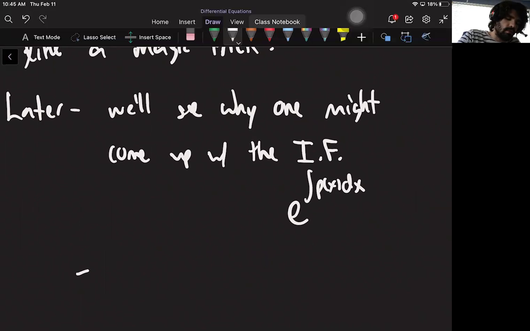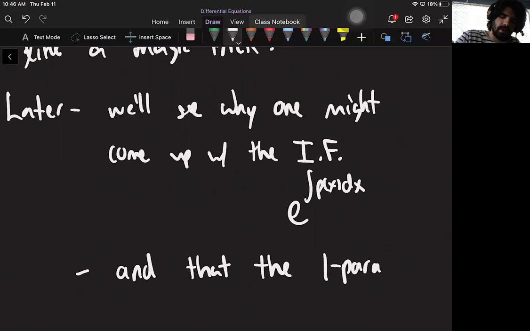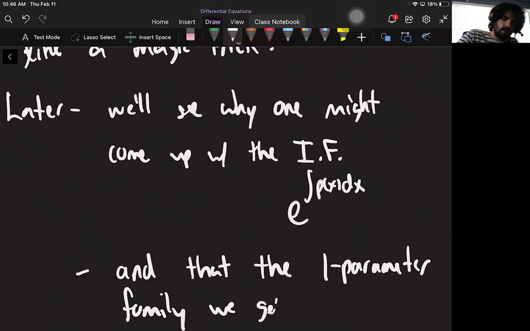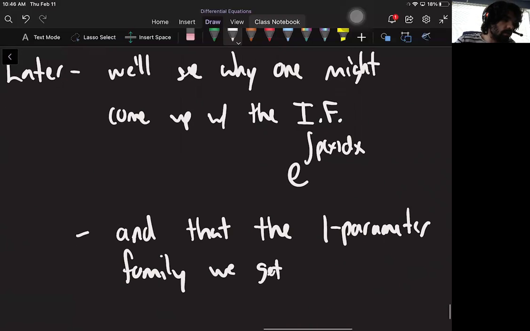And then the other interesting thing that we'll reveal is that the one parameter family that we get by doing this actually consists of all the solutions. Meaning there's no hidden solutions.